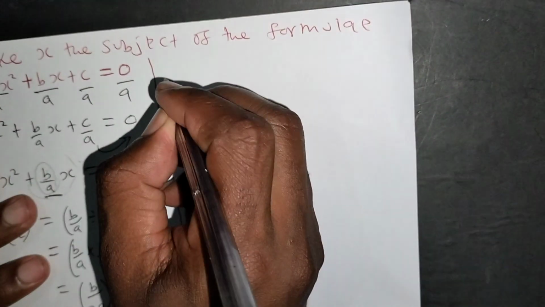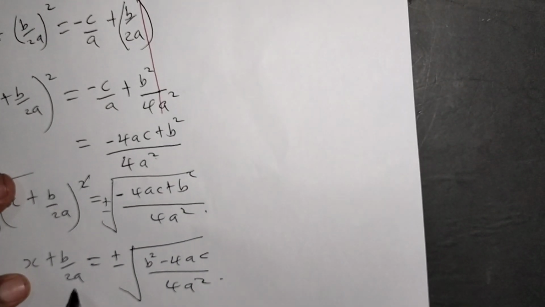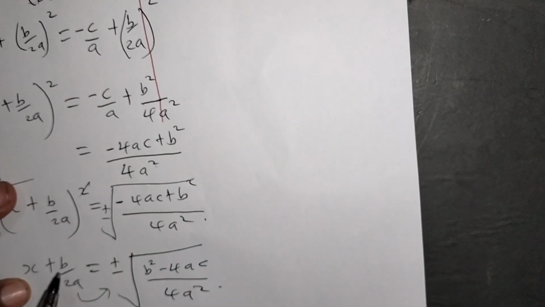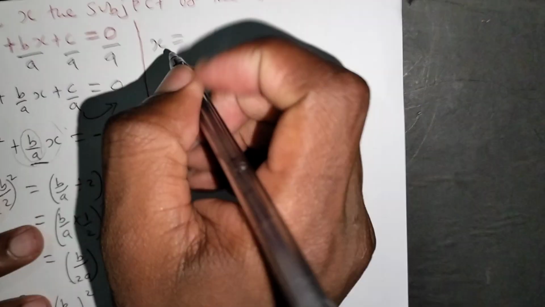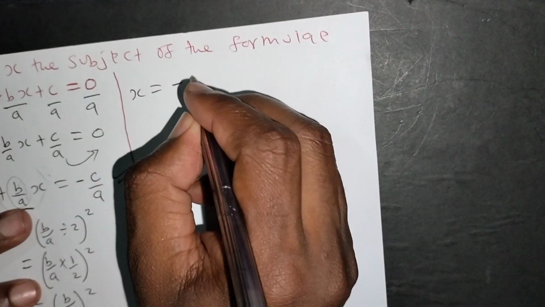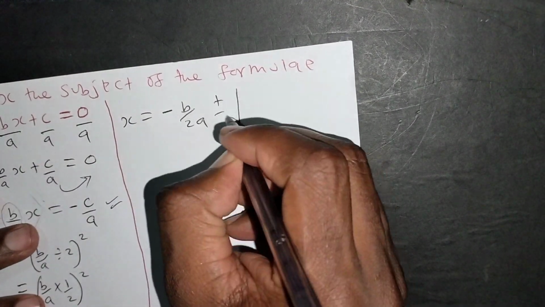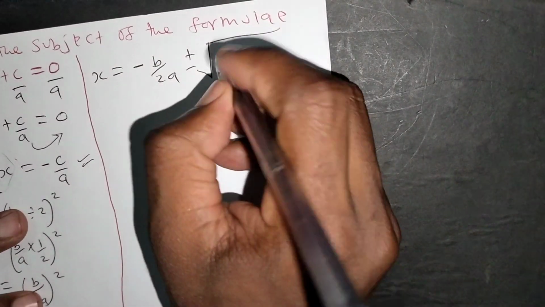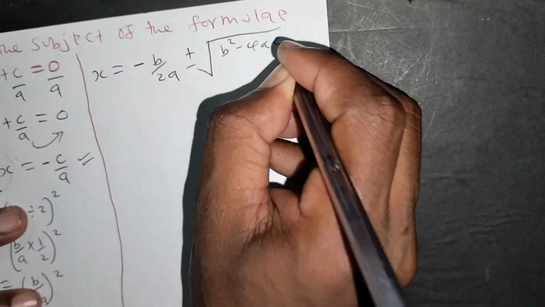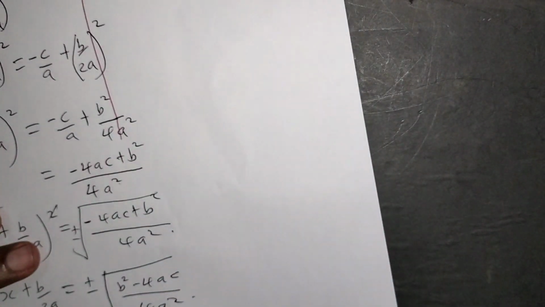I'm also going to take b over 2a towards the right hand side, such that it becomes negative. So x is equal to negative b over 2a, then plus or minus the square root of b squared minus 4ac over 4a squared.